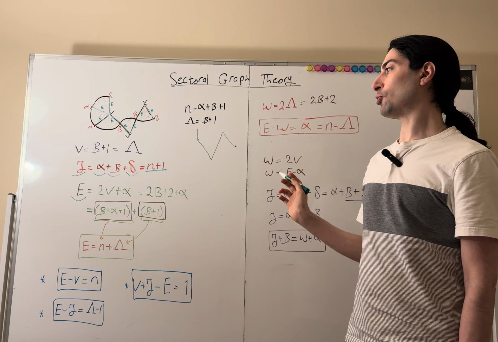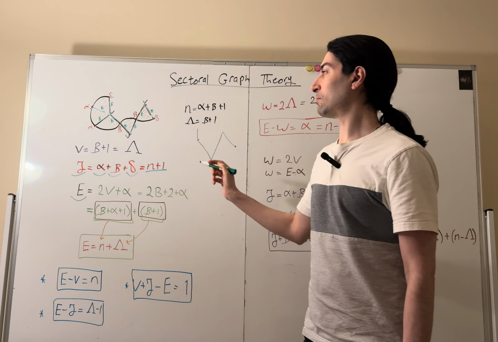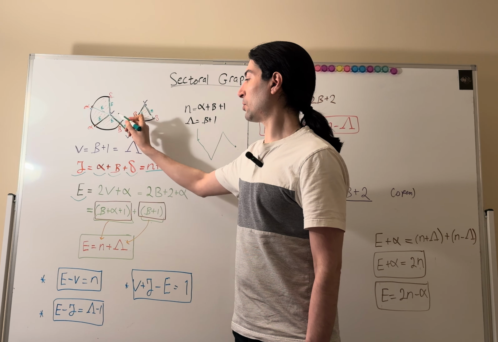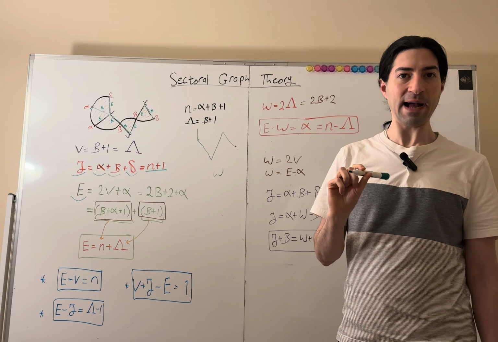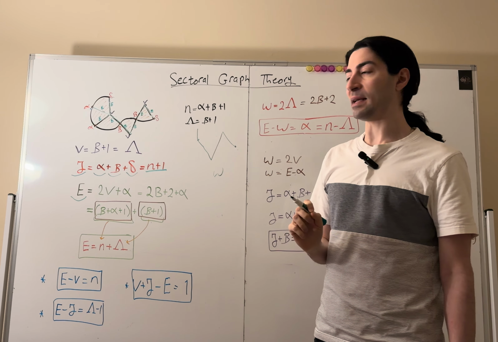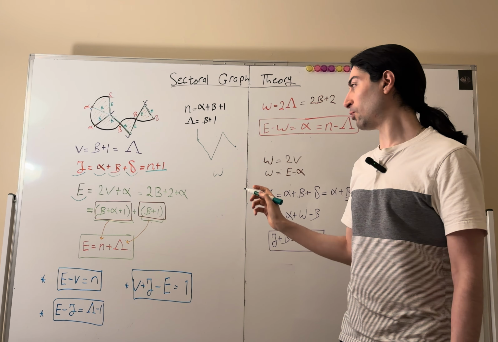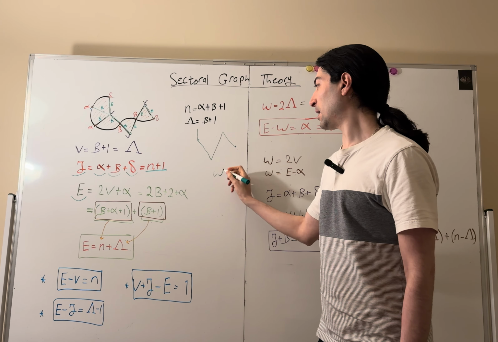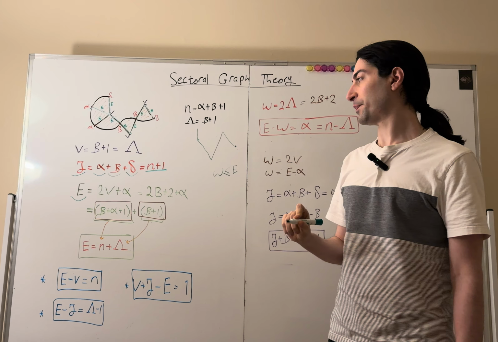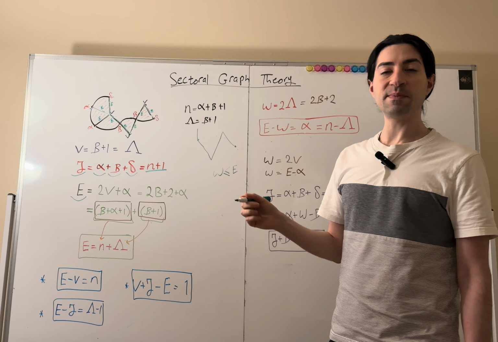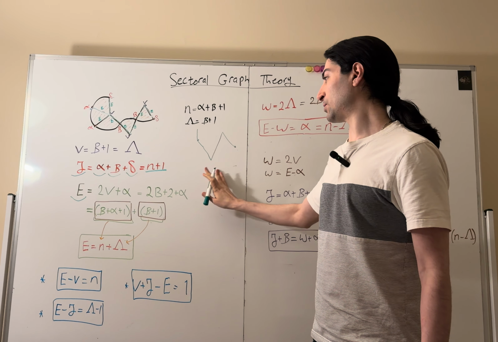One thing we can notice is that the walk, W, has to be included as part of E. So the walk must be less than or equal to E. And it must be included in the sum as well.